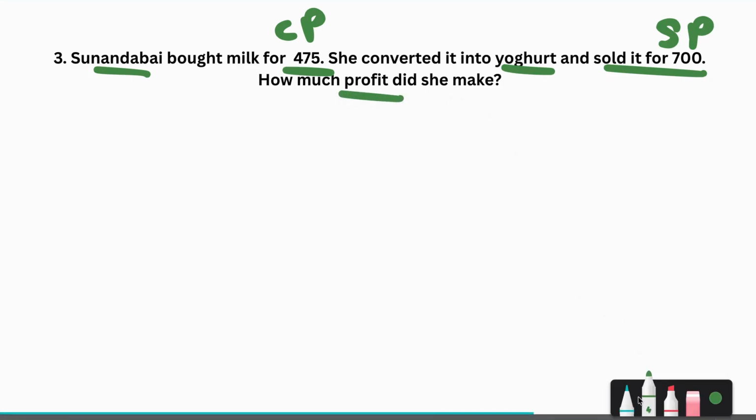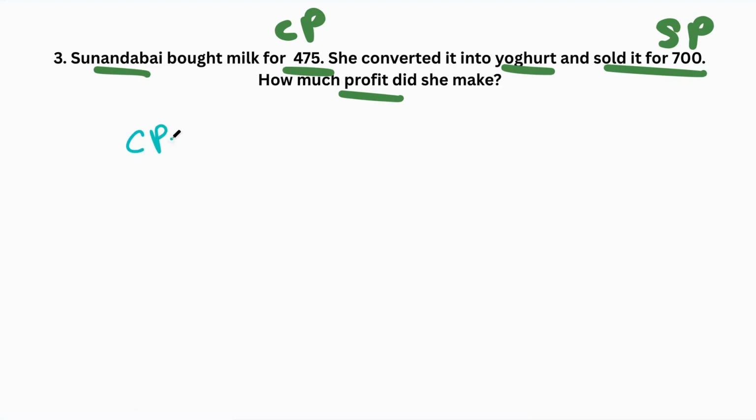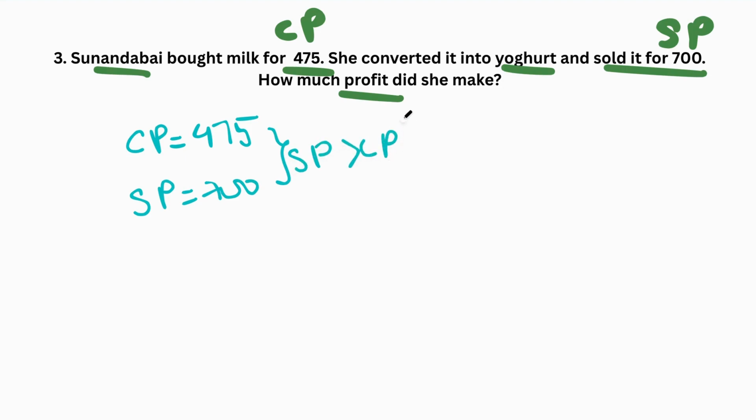So we will be writing it here. The cost price is 475 and the selling price is 700, right? Obviously, the selling price is greater than the cost price. It's a profit as given in the question.